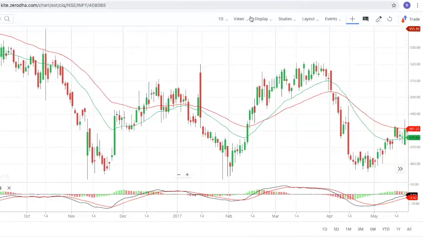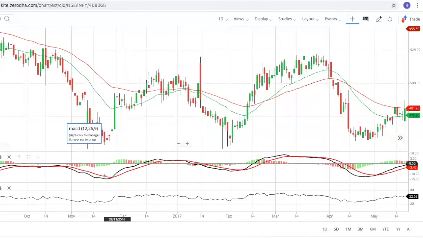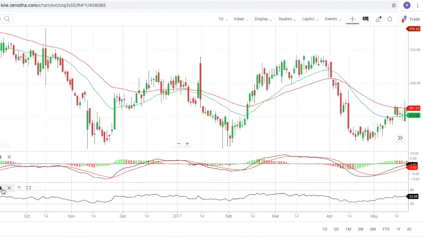The next indicator we'll use is the RSI, the Relative Strength Index. RSI indicates the price movement, price action. In any stock, we can see whether the price is in overbought or oversold conditions. I'll change the RSI a little bit.